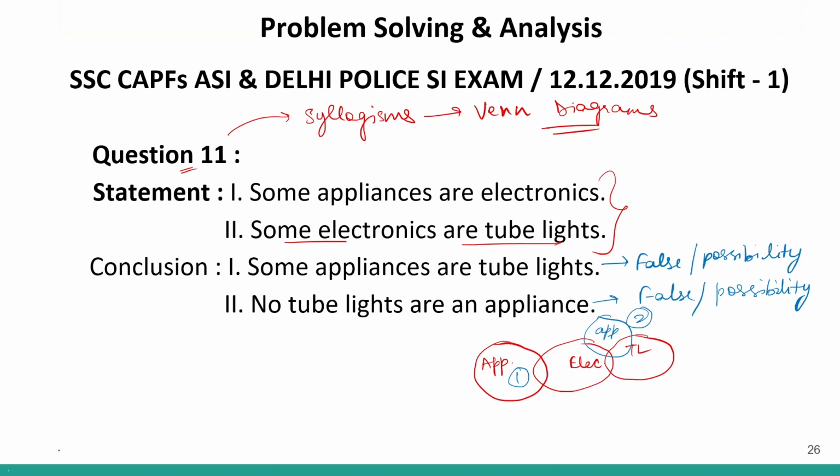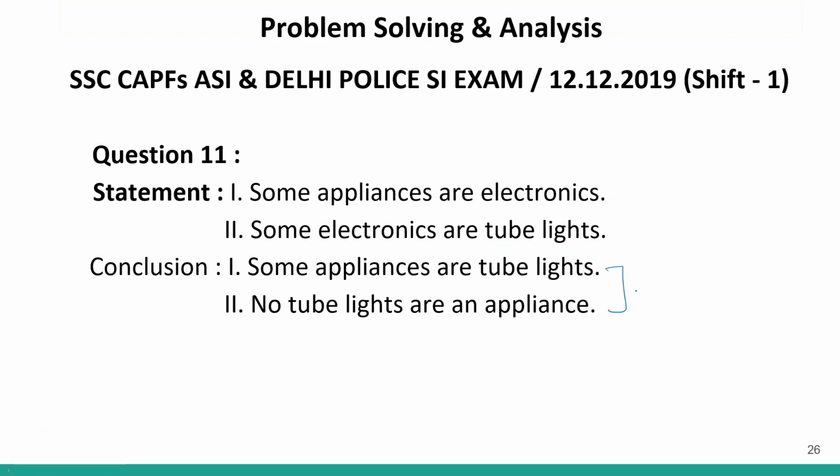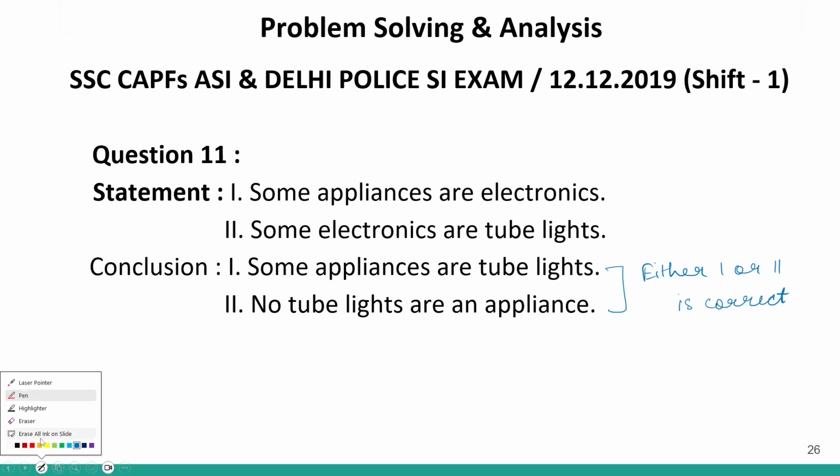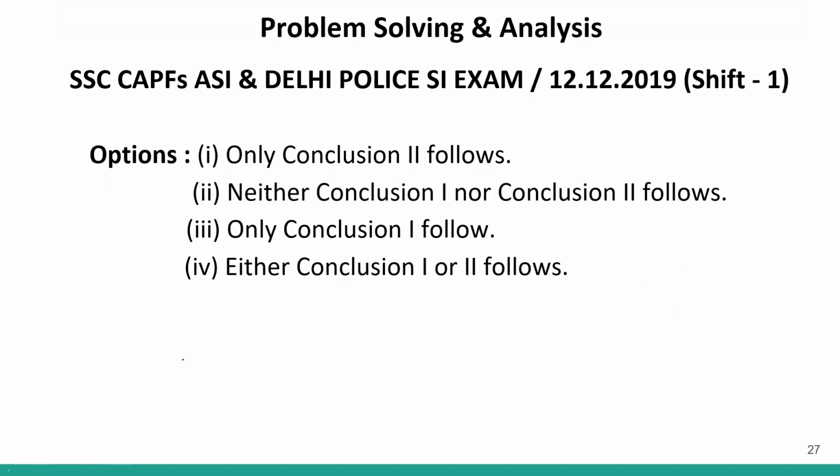So, either of the statements will be correct. So, over here, in option number 4, we have either conclusion 1 or 2 follows. So option number 4 will be the correct answer.